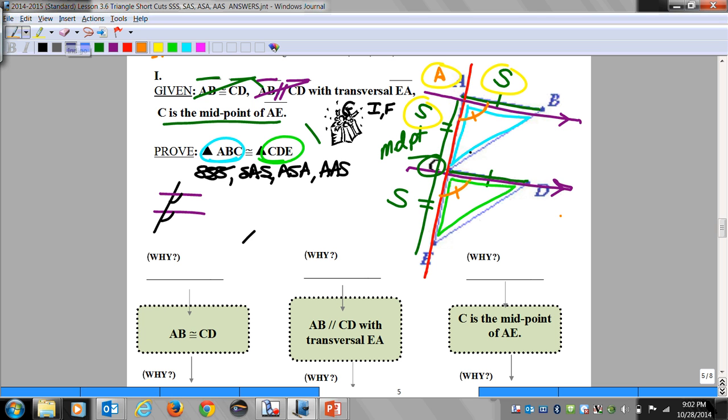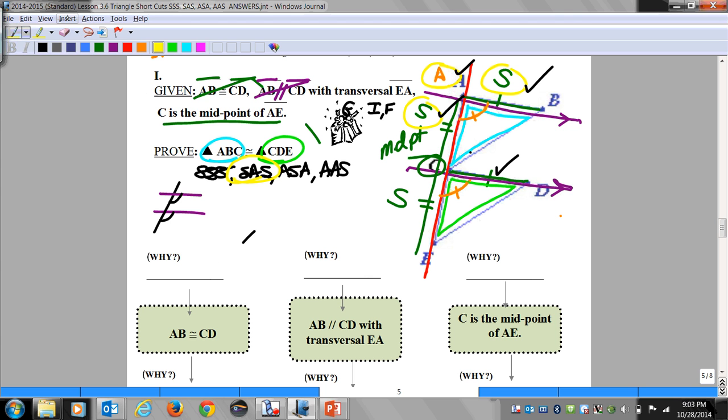You just need to talk it out, the fact that we have a pair of sides here because of the given. We have a pair of angles because it's implied by the parallel. We have another pair of sides, which is implied by the midpoint of the given. So the triangles are congruent by side, angle, side. All your thinking is done there. The proof is just the mop-up.